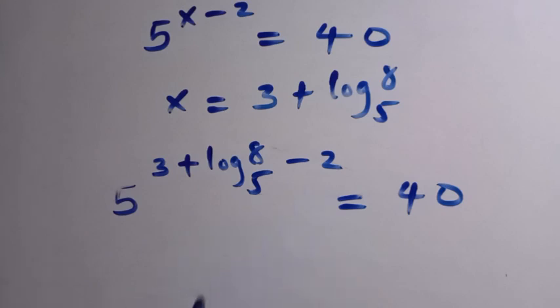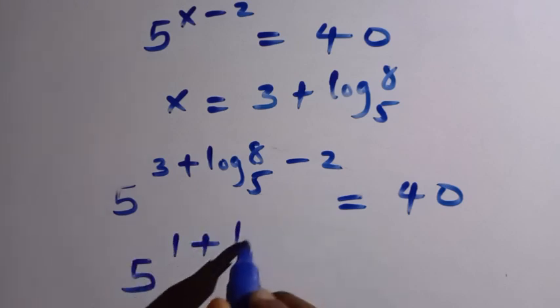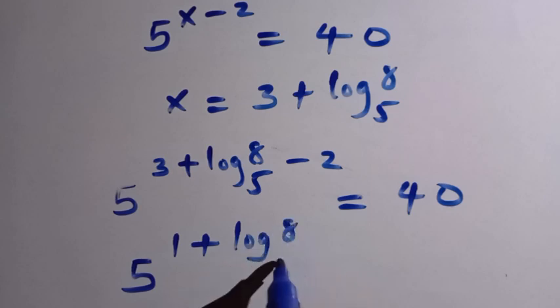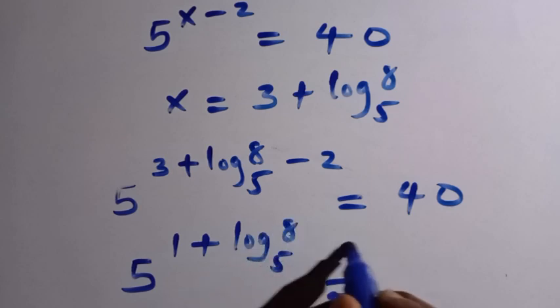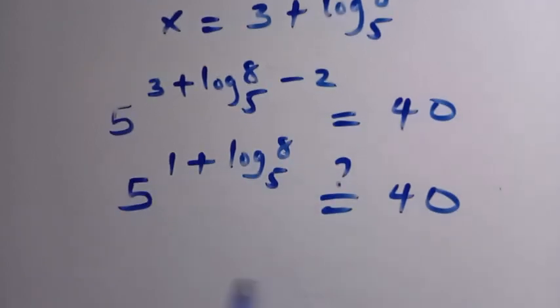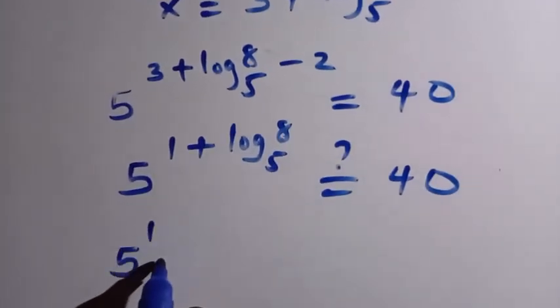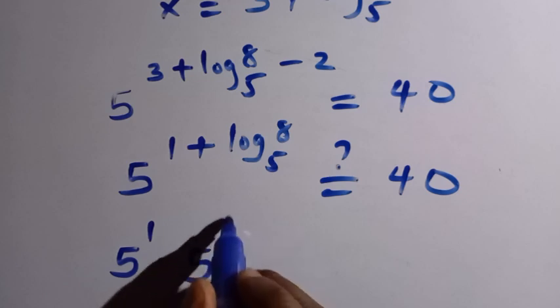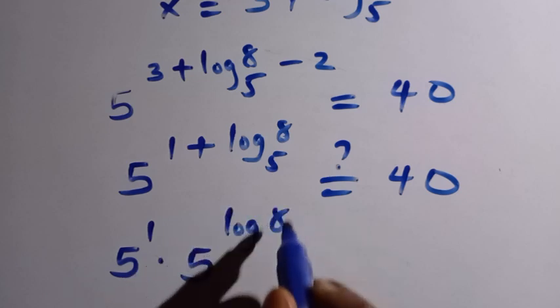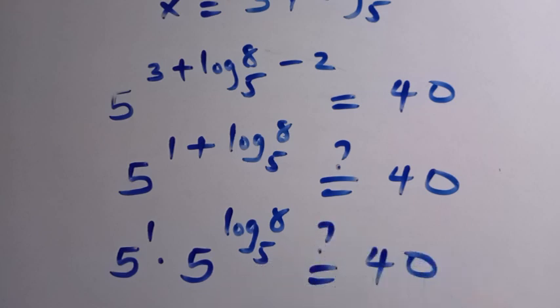So we have 3 minus 2 here, which gives 1 plus log 8 base 5. Is this equal to 40? From here, we can just write this as 5 raised to power 1 multiplied by 5 raised to power of log 8 base 5. We want to check if this equals 40.